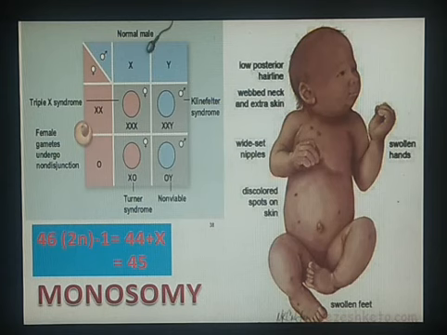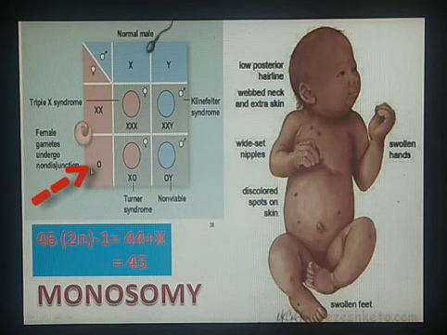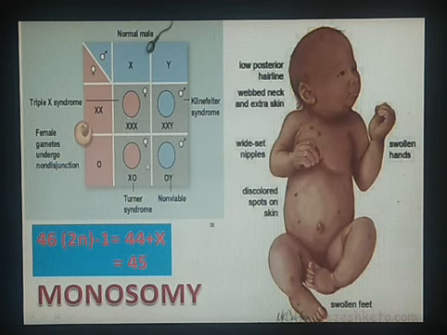So here the female gamete, which is supposed to fuse with the sperm, will lack the X chromosome in it. Such a gamete, when it fuses with a sperm having X chromosome, will lead to an XO type of zygote, which will develop into an individual having Turner's syndrome.